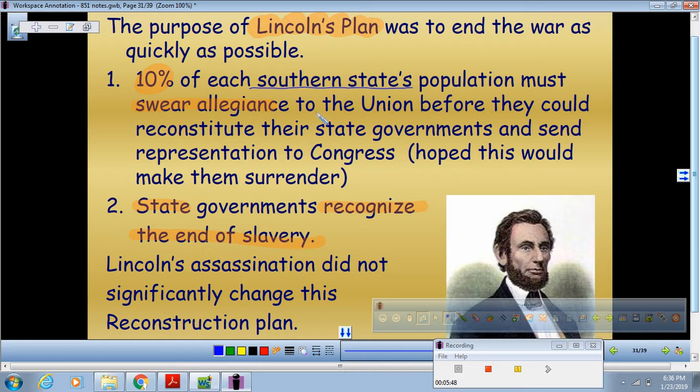Surrender, please. 10% of your state swear allegiance and recognize the end of slavery. That is over. And this is it. You can become part of the United States again. Once again, this presidential Reconstruction plan's goal was to unify the nation again, and even to begin this process during the Civil War.